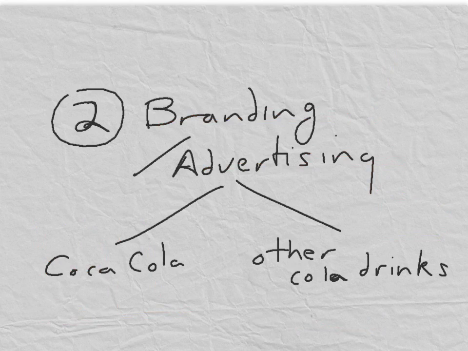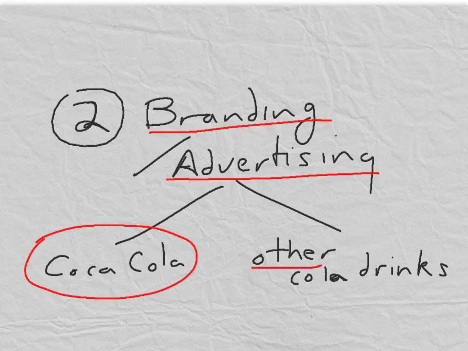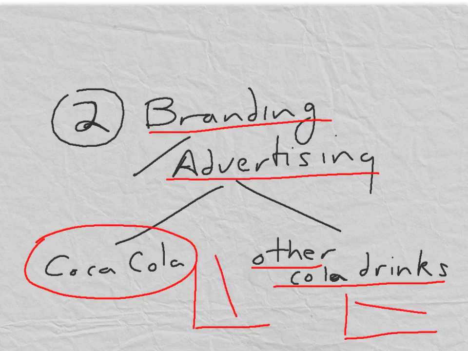A second important factor is the level of branding or advertising that goes behind a product. If we compare Coca-Cola with other cola drinks which are sold in supermarkets, we would expect the demand curve of Coca-Cola to be much more inelastic than that of other cola drinks.